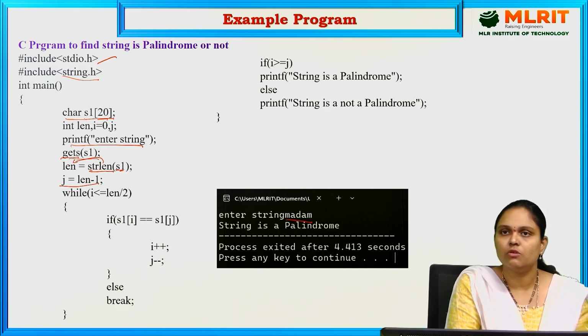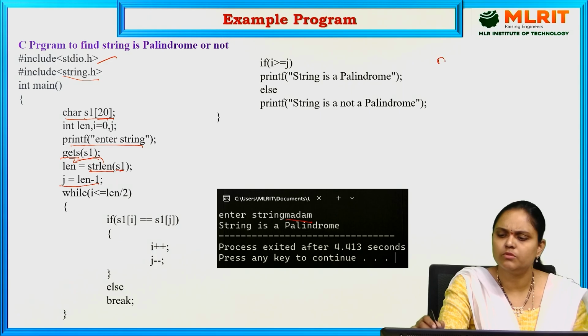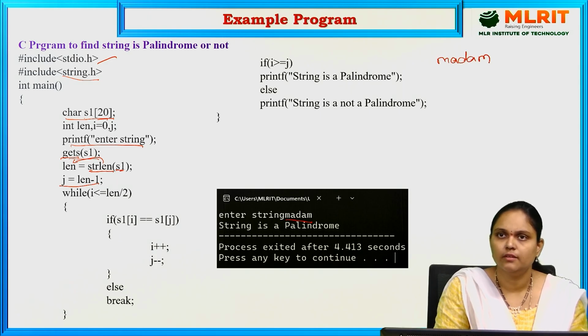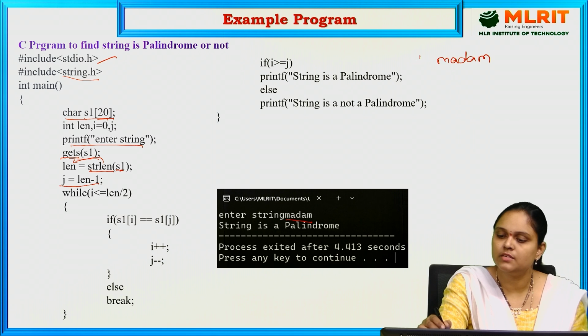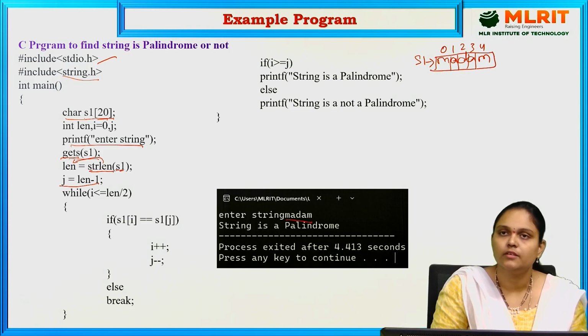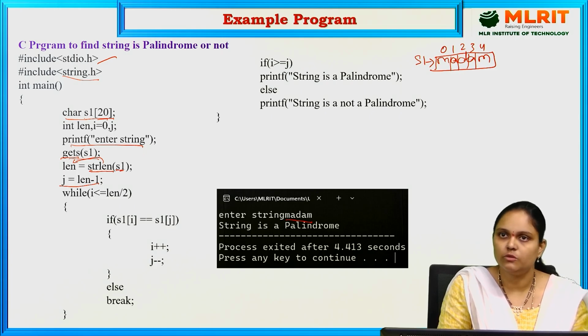Here, the concept we are using is, suppose we take madam as a string, this is S1, and the indexes are 0, 1, 2, 3, 4. It is an array, right? So each character will have an index value.